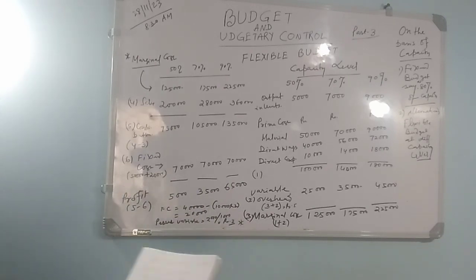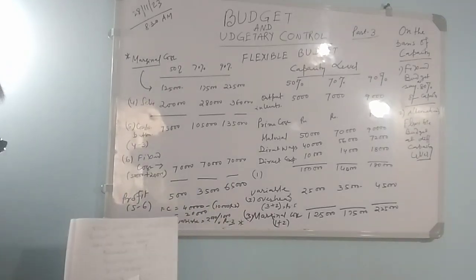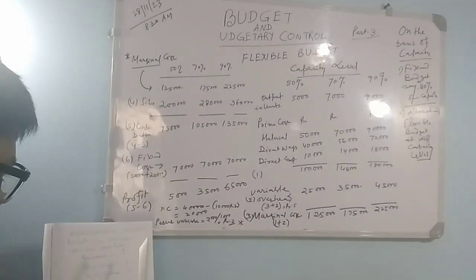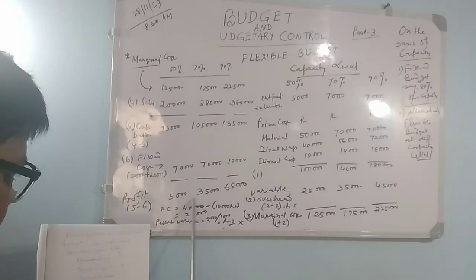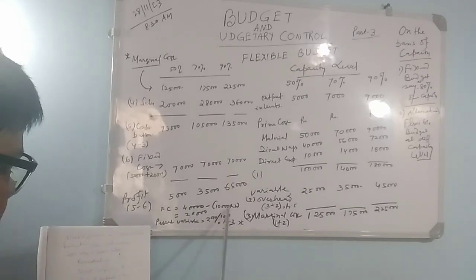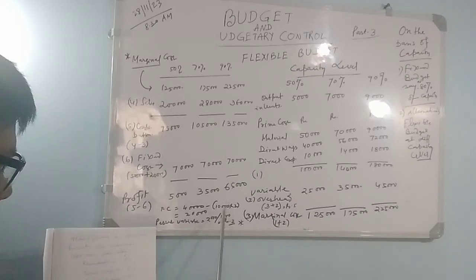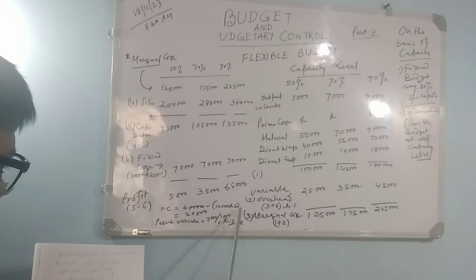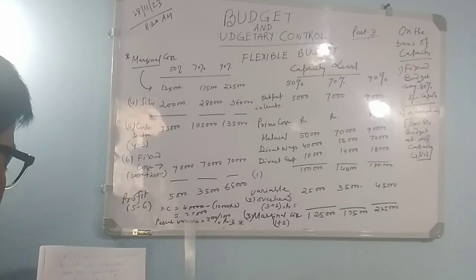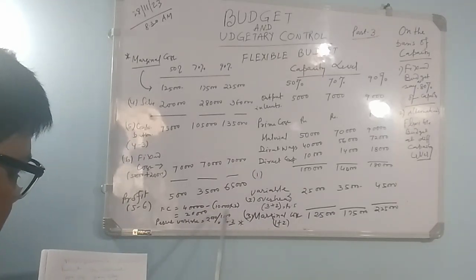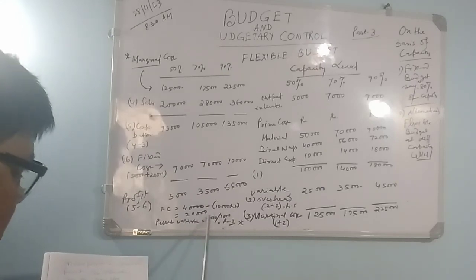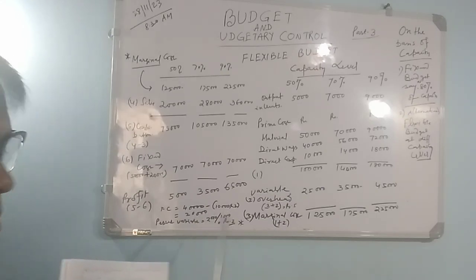Now the 40,000 semi-variable overhead has some portion fixed and some portion variable. At the 10,000 units capacity level, the variable portion is 10,000 into 2 rupees, equal to 20,000. So out of the total 40,000 semi-variable overhead, if you take out the variable portion, then 20,000 will be the fixed portion.